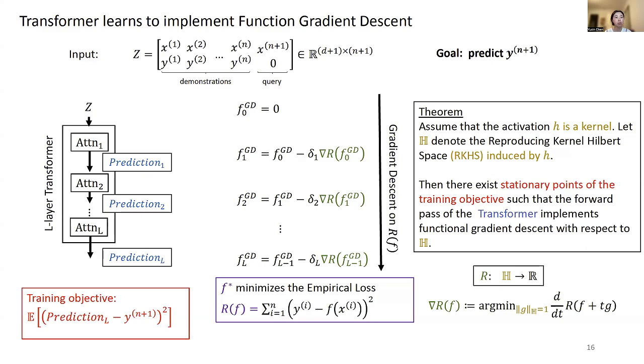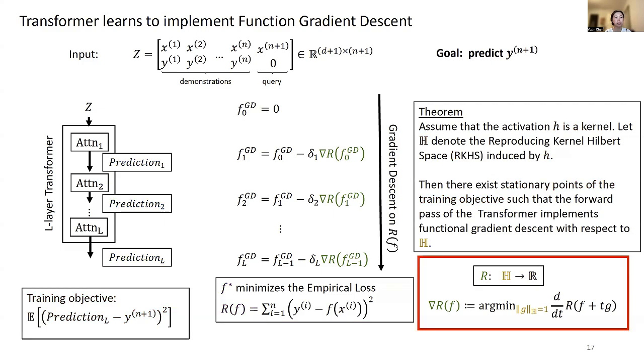We show that when H is a kernel, there is a stationary point of the training objective at which the transformer implements functional gradient descent with respect to the RKHS metric induced by H. To be clear, nabla R here denotes the functional gradient of R with respect to the RKHS metric.